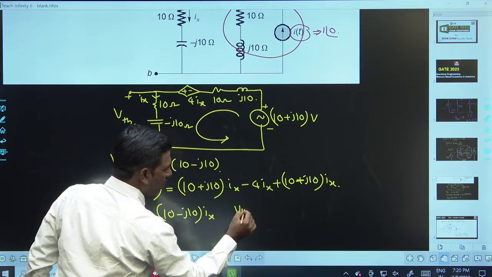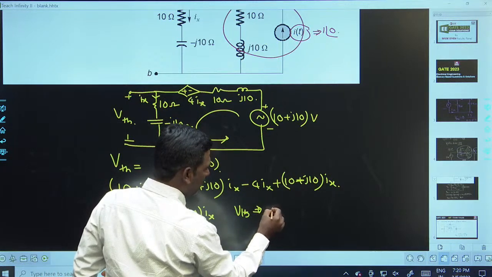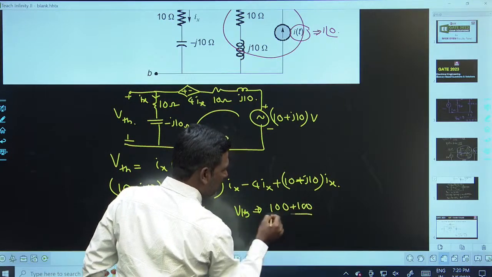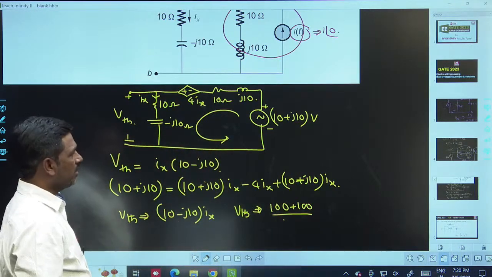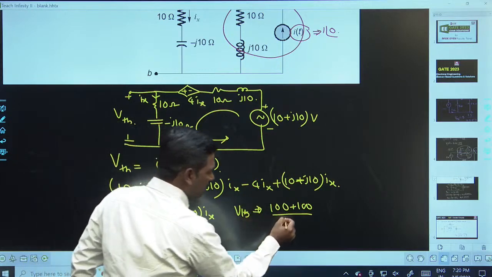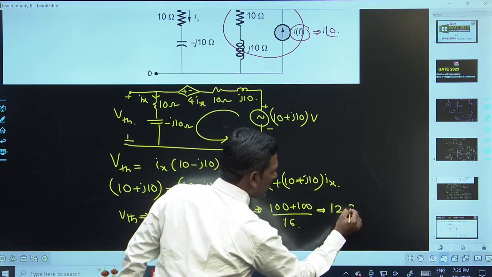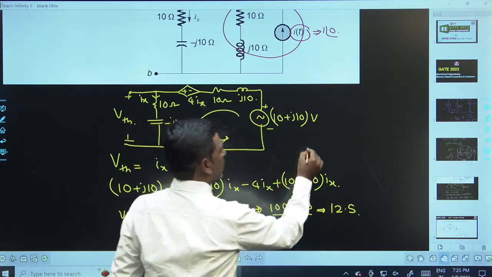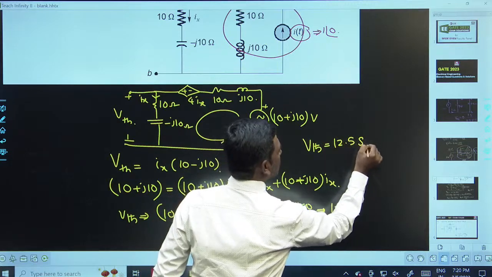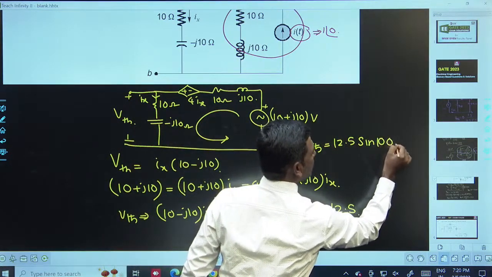So the VTH value will come in terms of 100 plus 100 by something. So directly the VTH value, maybe this value is 12.5. You write VTH is equal to 12.5 into sine 1000t.